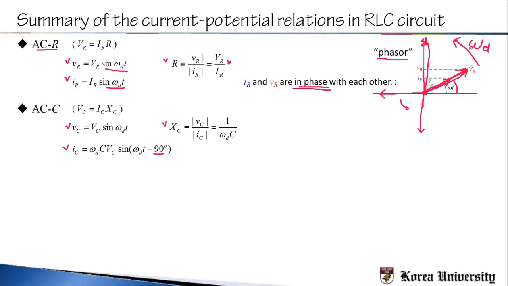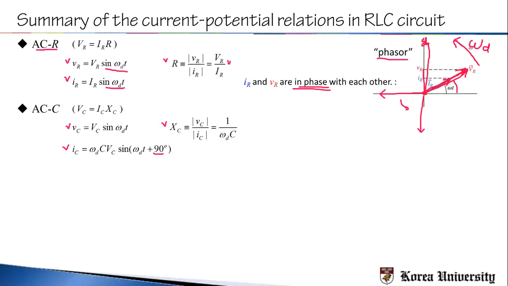This is how we defined the capacitive reactance, which was 1 divided by omega d C. So in the case of direct current with constant potential, omega is 0, therefore the capacitive reactance will be infinitely large, which means that direct current cannot go through the capacitor. It's just like there is an infinite amount of resistance.